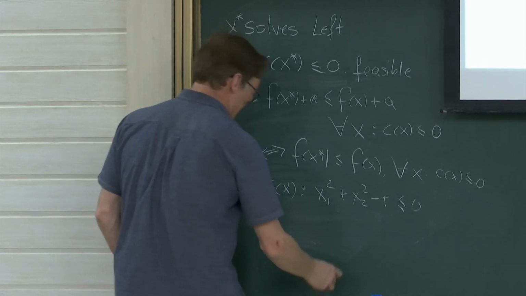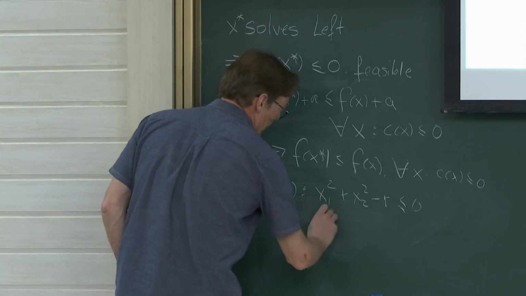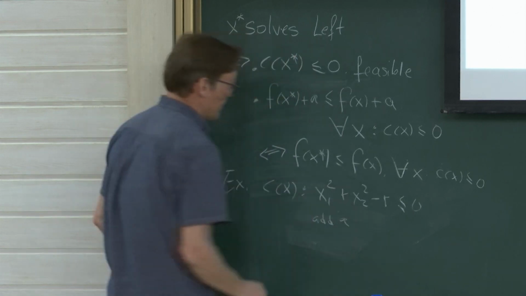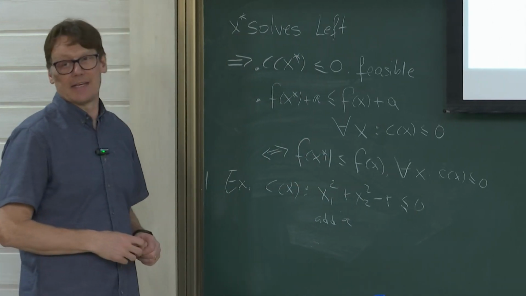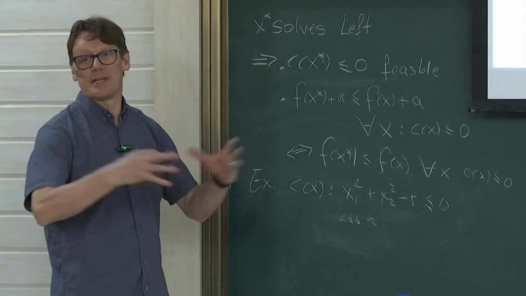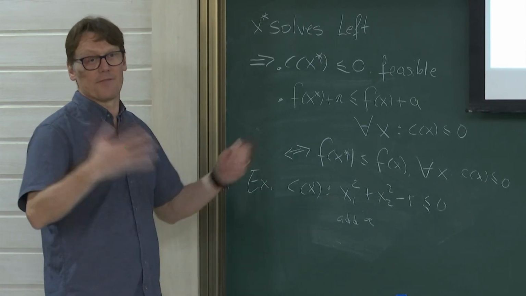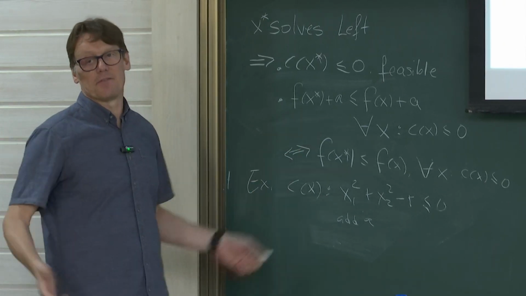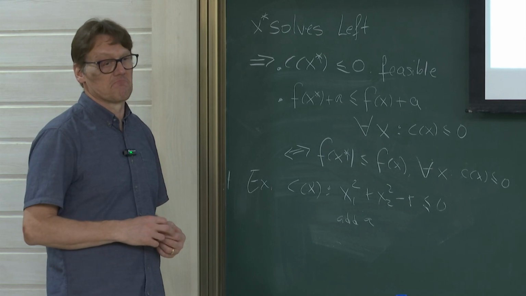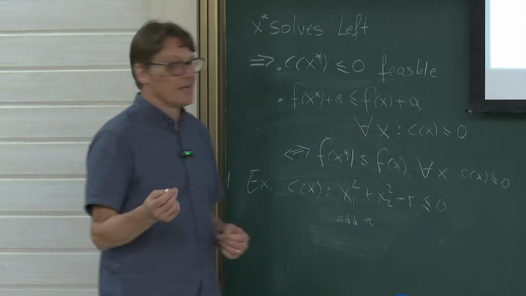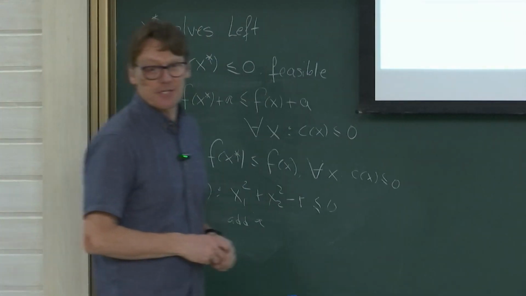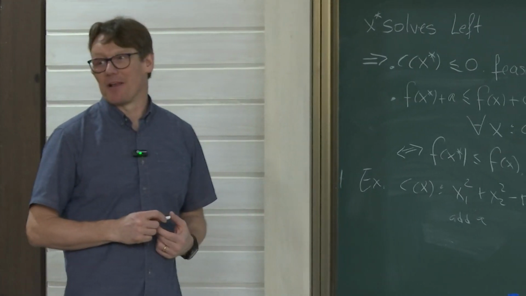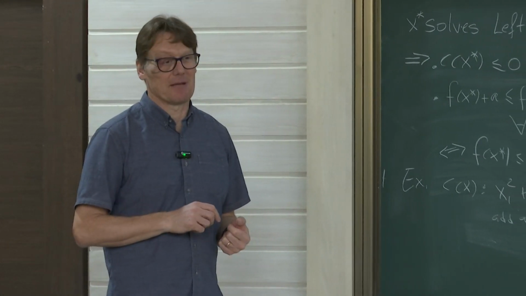And if I now add an a to it, I get a different radius circle. So I change the radius of my circle, and that's a different feasible set, and then I can have different minima. So to show that something isn't true, you just need one example. That's a lot easier sometimes.